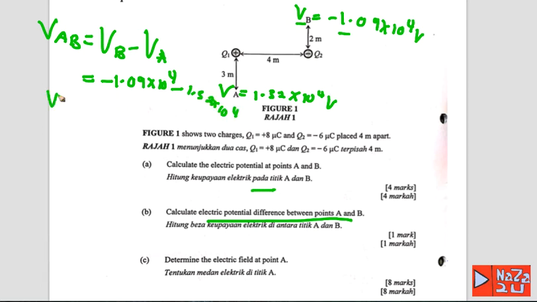So now VAB is equal to negative 2.41 exponent 4 volt.